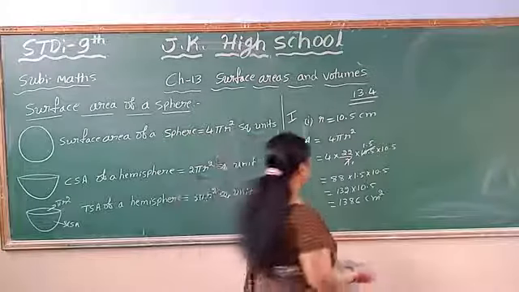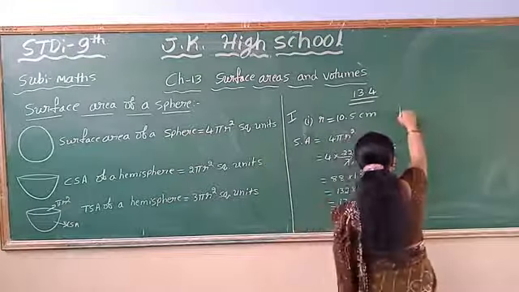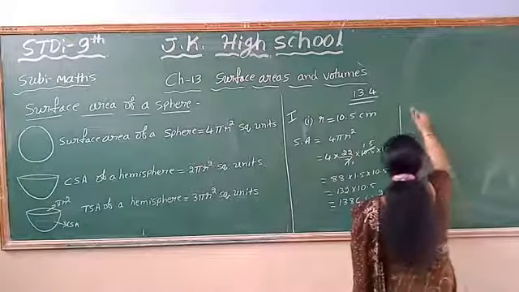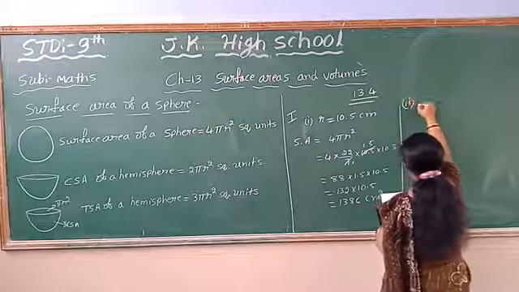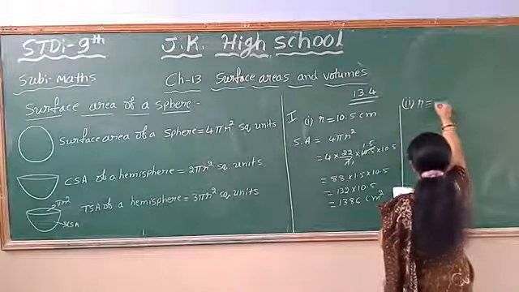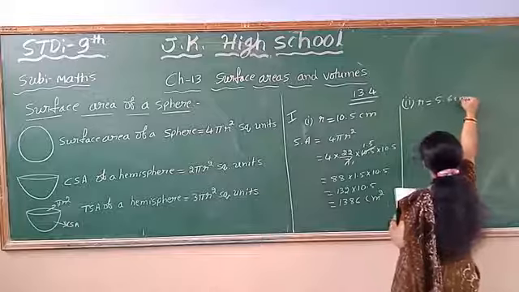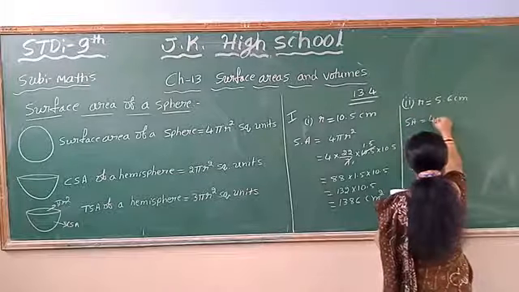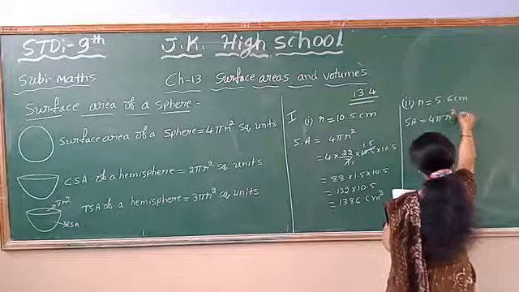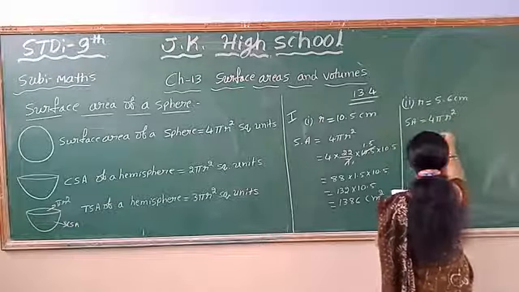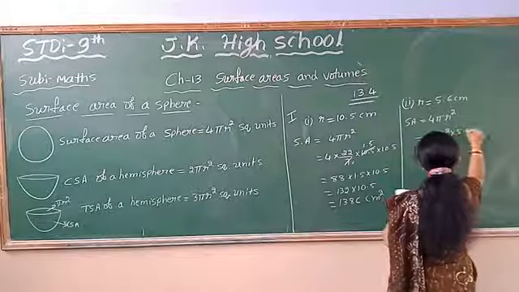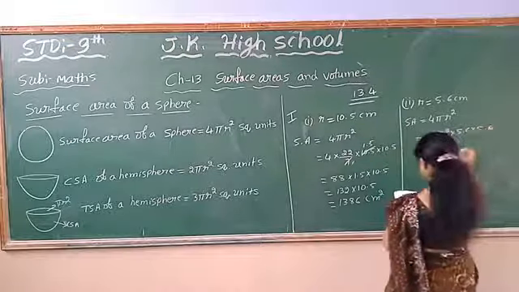Now the second one. In the first one they gave the radius; in the second one, r value is 5.6 centimeter. The surface area is 4 pi r square, 4 into 22 by 7 into 5.6 into 5.6.